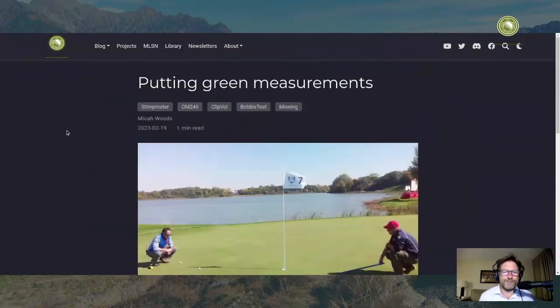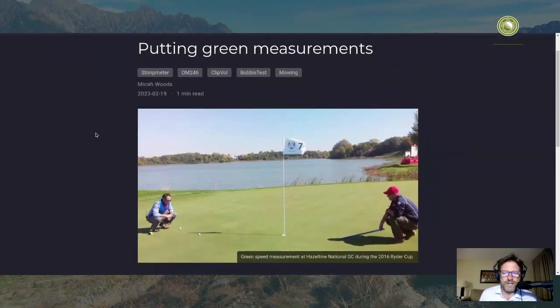And now another one, and this is great. This is a podcast that I recommend. The blog post is titled Putting Green Measurements, and I start off by showing a picture of green speed measurement at Hazeltine National Golf Club's 16th green during the 2016 Ryder Cup.